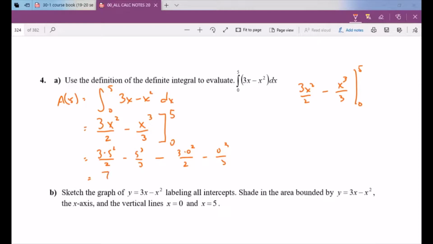This ends up being 75 halves minus 125 thirds minus 0. I suppose that should be plus 0.